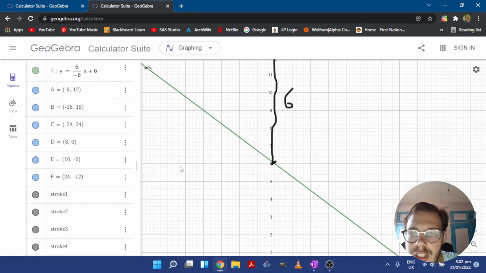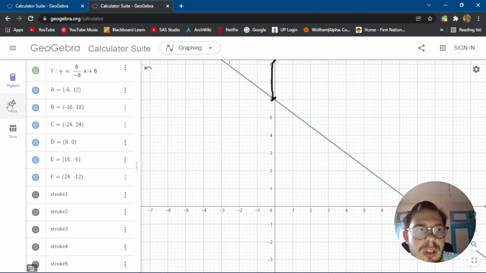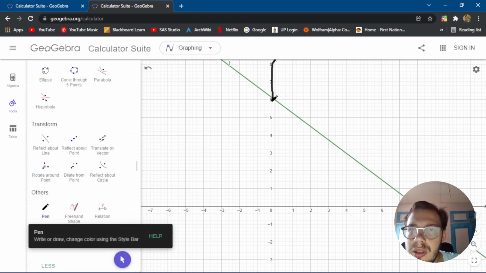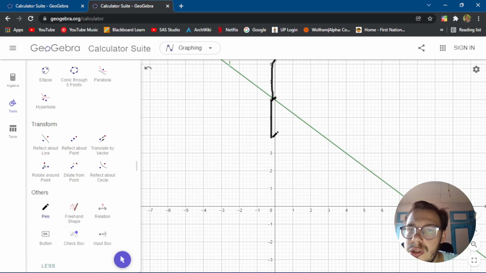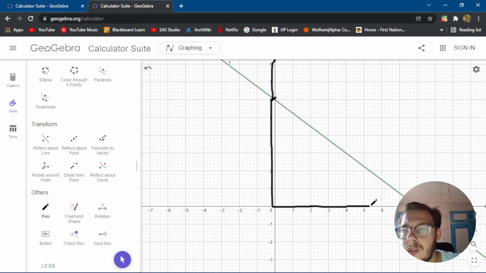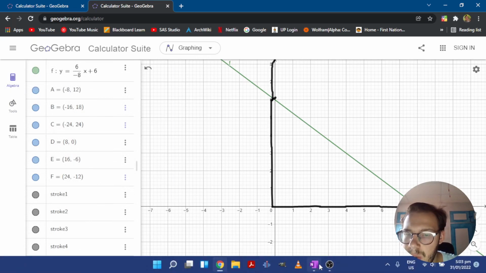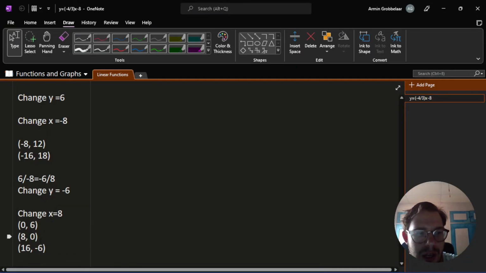So the change in y is negative 6, so we move down 6 points, 1, 2, 3, 4, 5, 6, and the change in x is positive 8, so we move to the right 8, 1, 2, 3, 4, 5, 6, 7, 8. So that's the point there, D. So you can see D is (8, 0), as we worked out here.